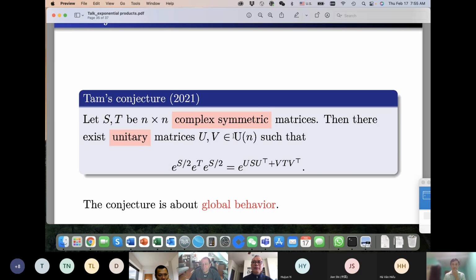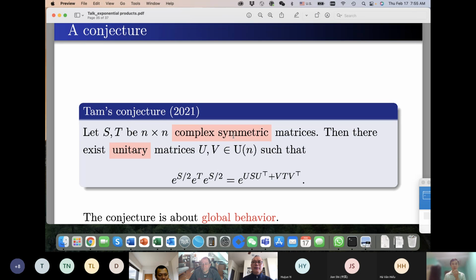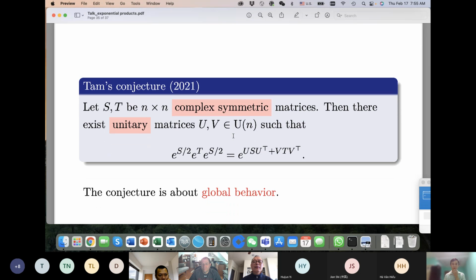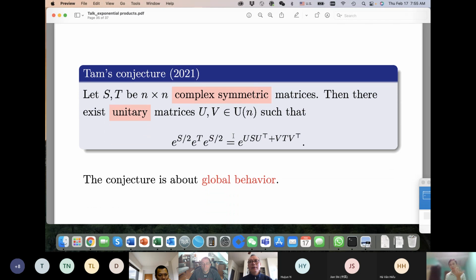Go ahead, Till. Yeah. So it seems that if you want to attack the conjecture for complex symmetric matrices, then we have to come back to the decomposition of the special linear Lie group.